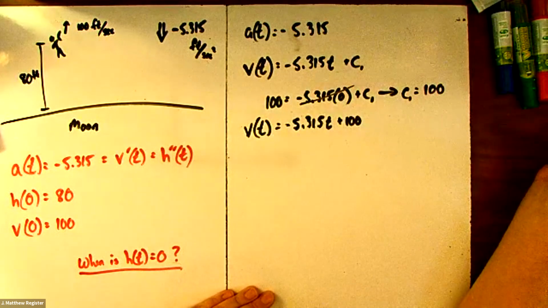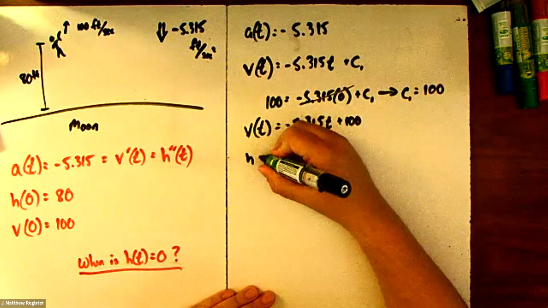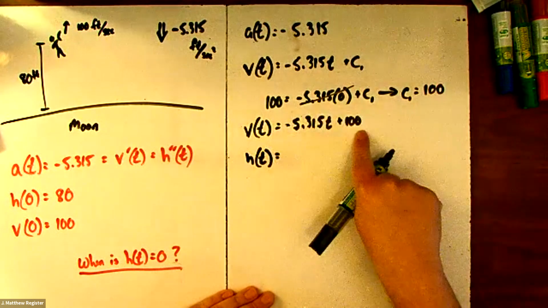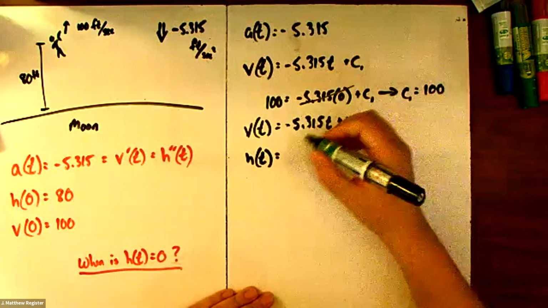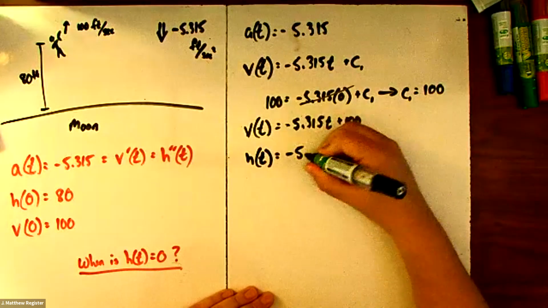In order to figure out our h function, we have to take the antiderivative of this. The antiderivative of this, well, this t is going to become a t squared.